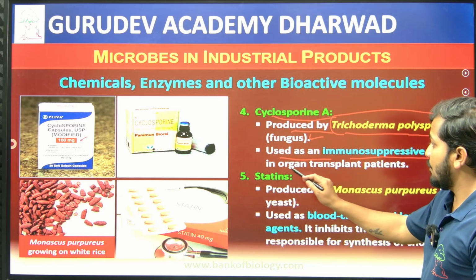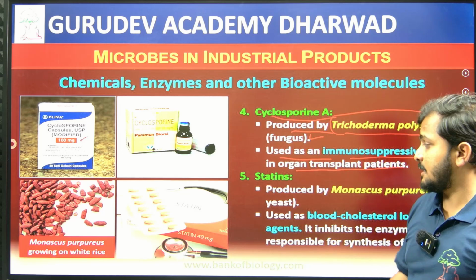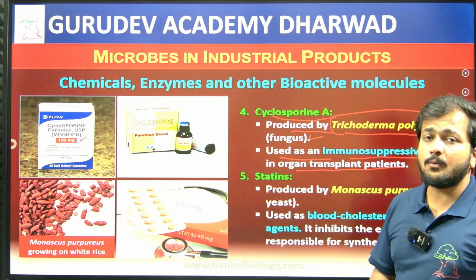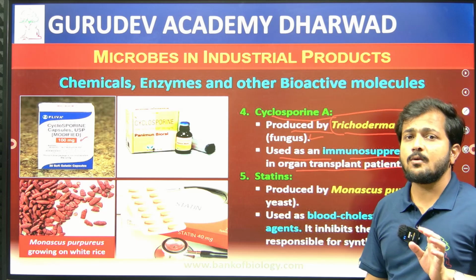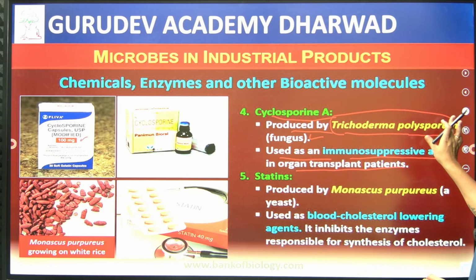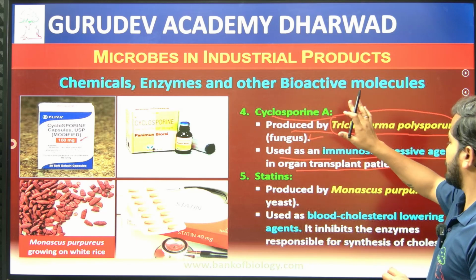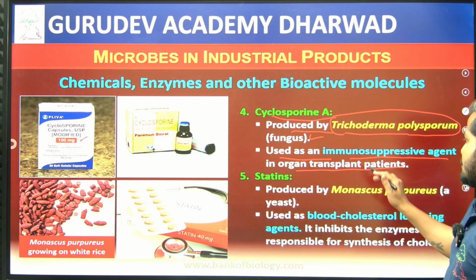Patients who undergo organ transplantation require an immunosuppressant, and that immunosuppressant should be taken throughout life. For that purpose, Trichoderma polysporum produces this cyclosporin, which acts as an immunosuppressive agent.